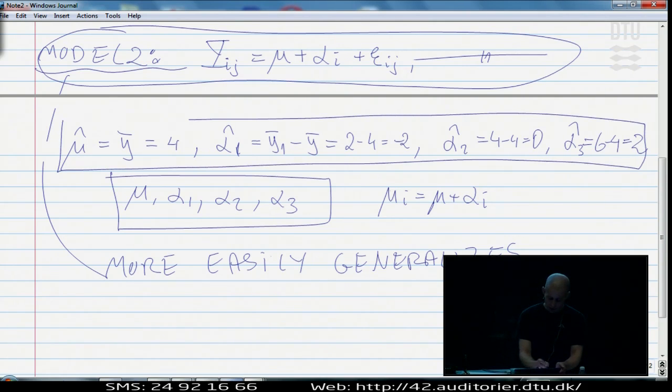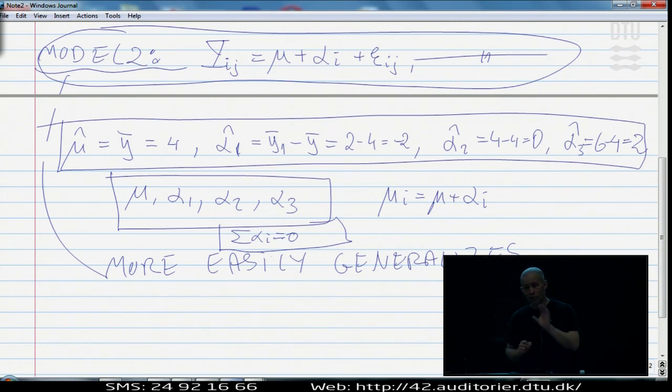By this version, which I call the natural one, other people would call it sum contrast, because the sum of the alphas is 0. So actually we have a restriction here to make this give any sense. The restriction is that the sum of the alphas is 0. So there are 4 pieces of information, but there's a restriction to link it to the fact that there are really only 3 in play.